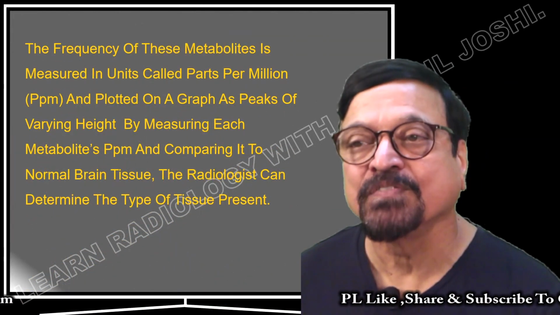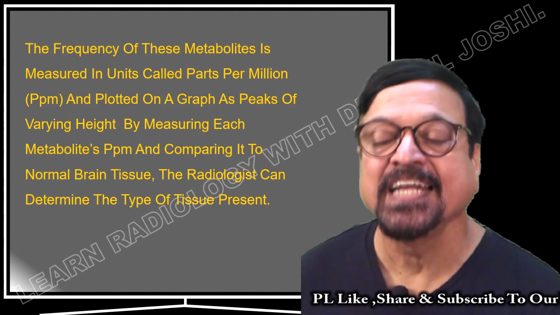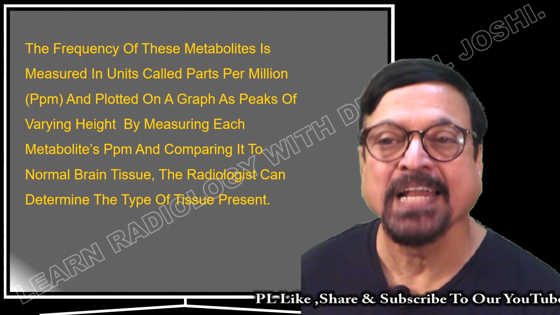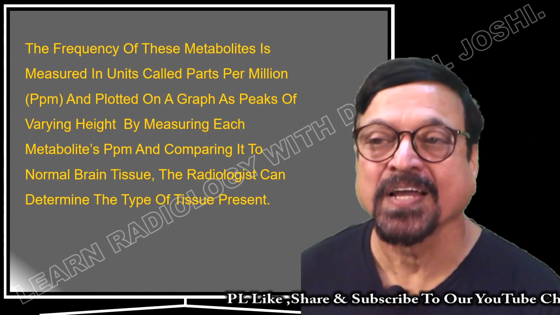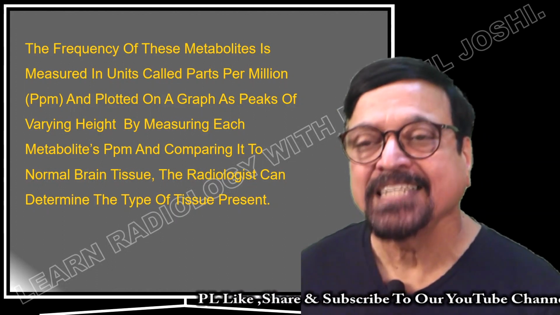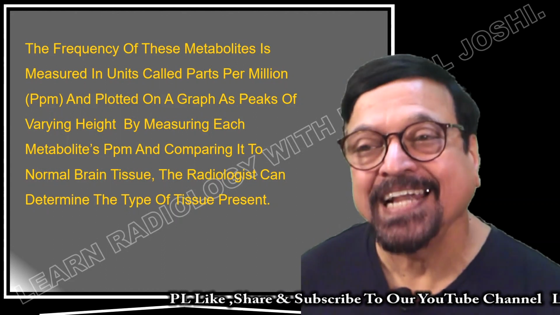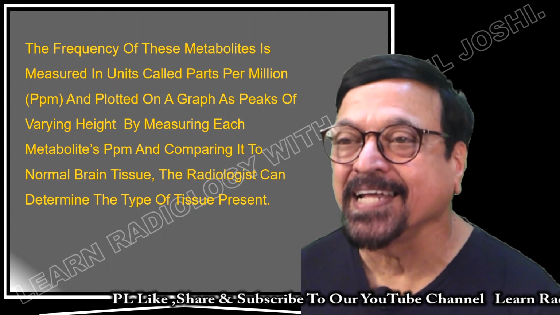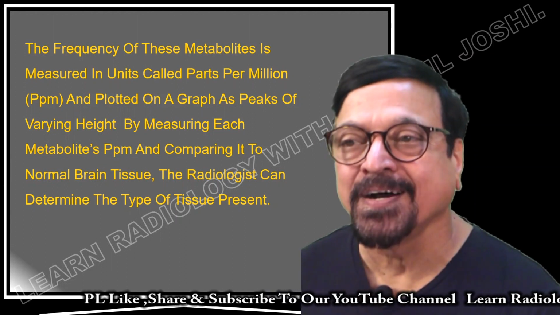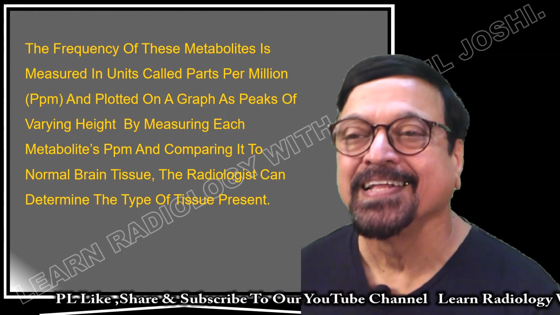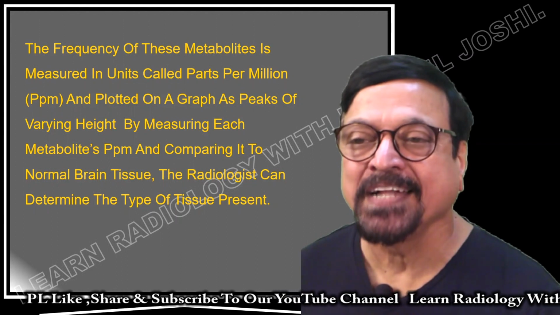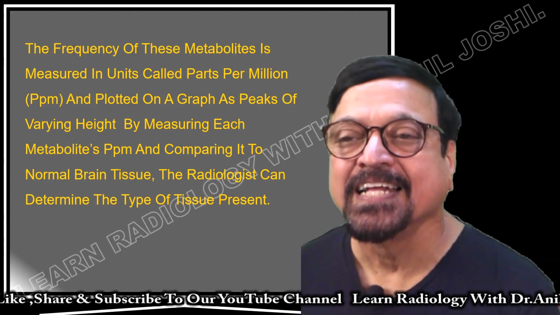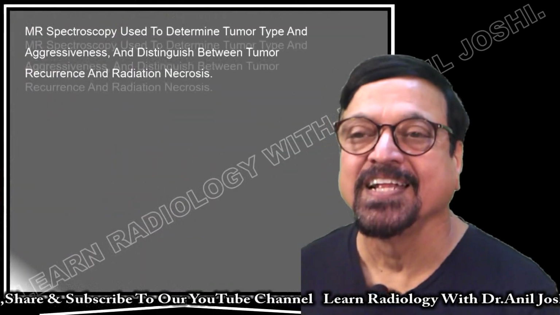The frequency of this metabolite is measured in units called ppm, parts per million, and plotted on a graph as peaks of varying height by measuring each metabolite's ppm, and comparing it to the brain tissues. The radiologist can determine the types of the tissues present seeing the metabolites.